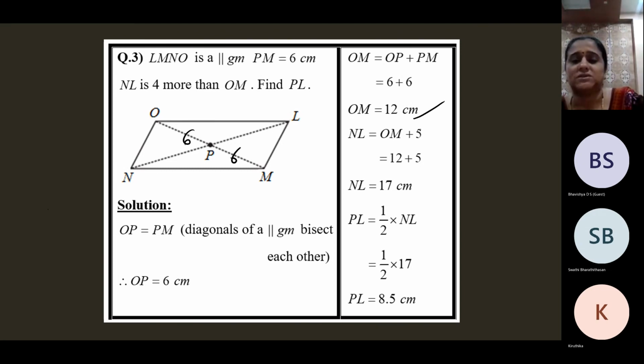So I'll change this question, otherwise I'll just make this 5 more than. Now it's 4 more than, so it'll be 16. NL is 16 and PL is equal to half of NL, half of 16, which is 8 centimeter.